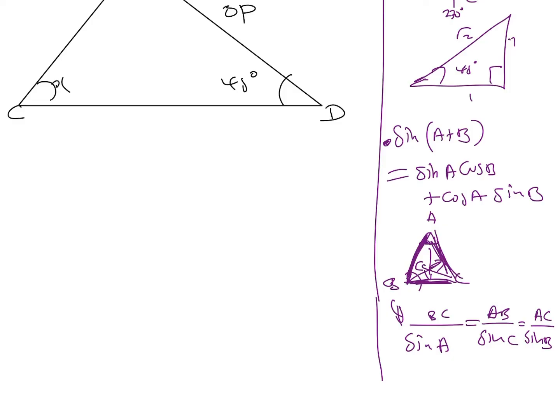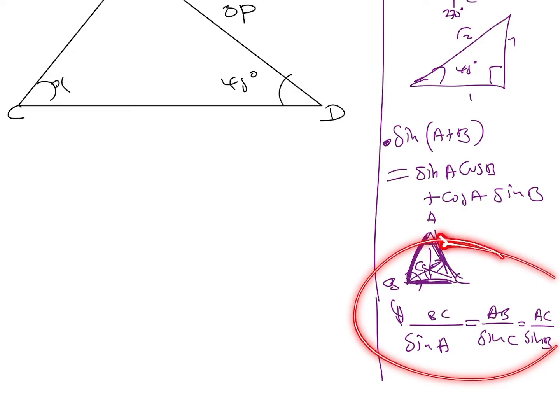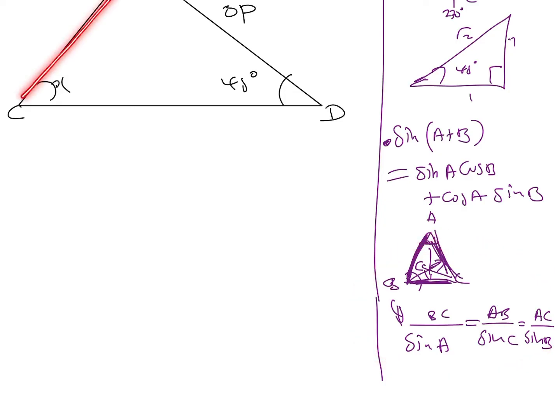So looking at this, we have triangle ADC, and we have x, we have 45, we have 35, and we're looking for that. Using that information, we can say, okay, cool, CD over sine A, we can actually find it if we know AD.